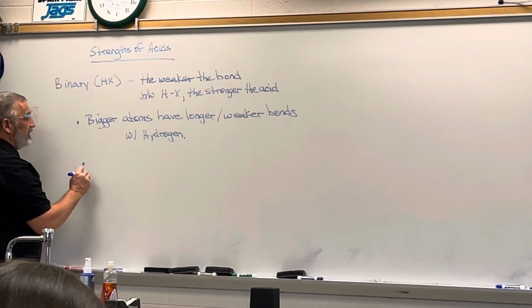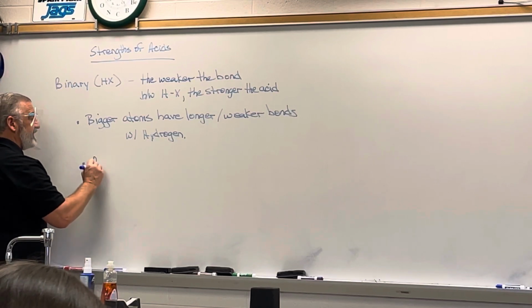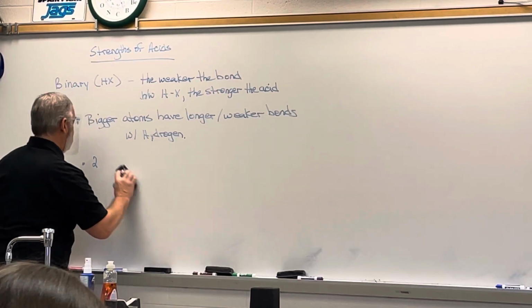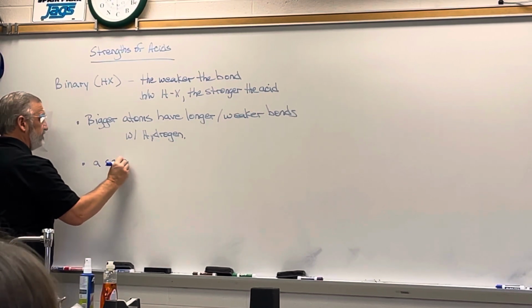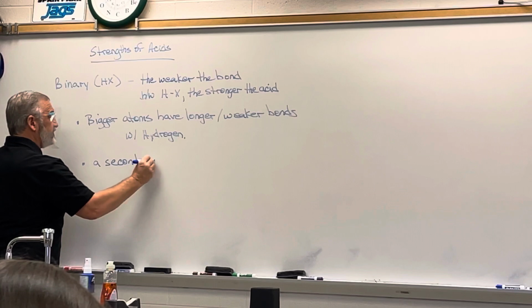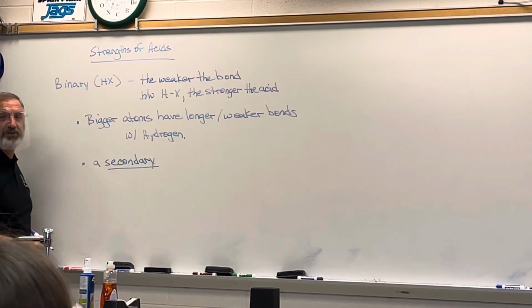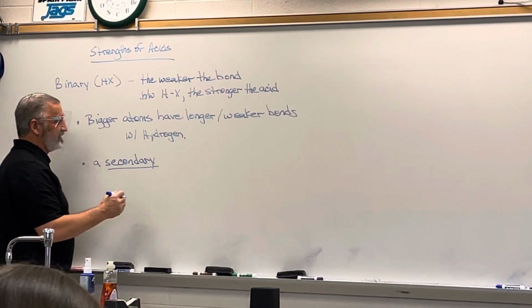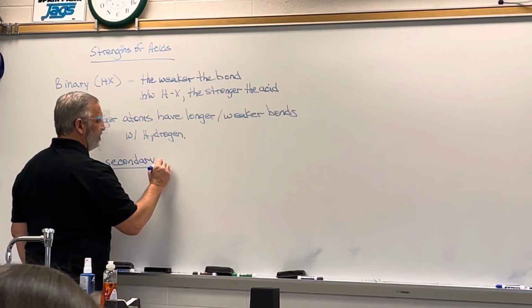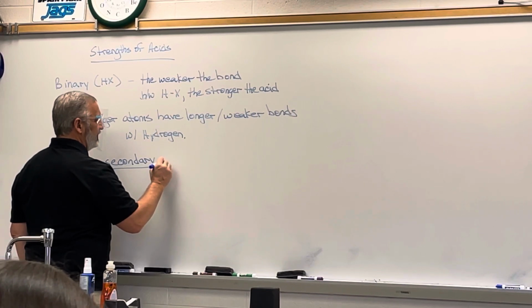Electronegativity is a secondary factor, and I really want to stress this, that you don't look at this first. This is just kind of like if there's a tie, a secondary condition.